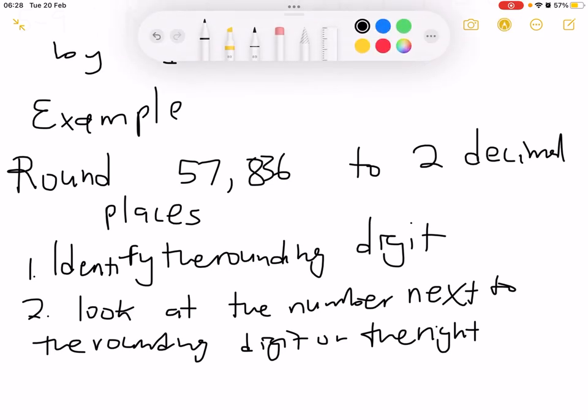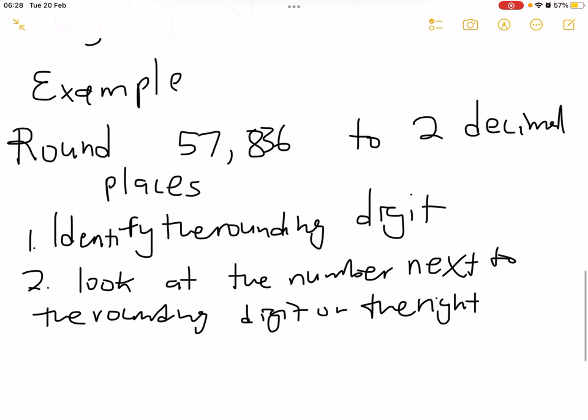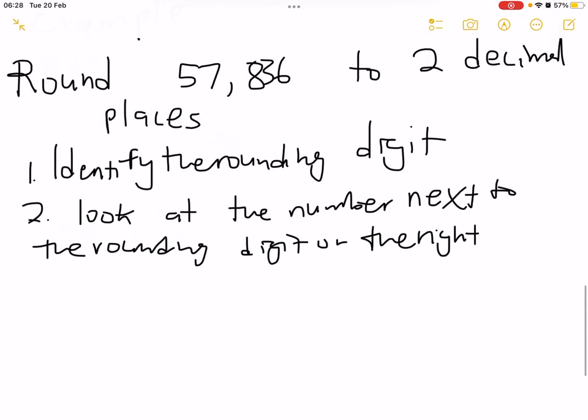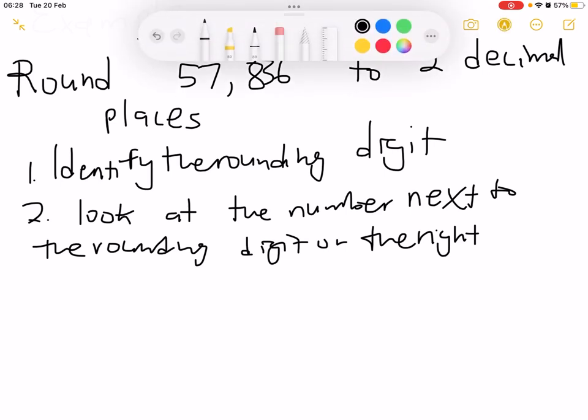They say round off 57.836 to two decimal places. First thing that you need to do is to identify the rounding digit. Secondly, we look at the number next to the rounding digit, which is on the right. Now, I will then rewrite 57,836, and they said to two decimal places, so therefore this means our rounding digit is 3.